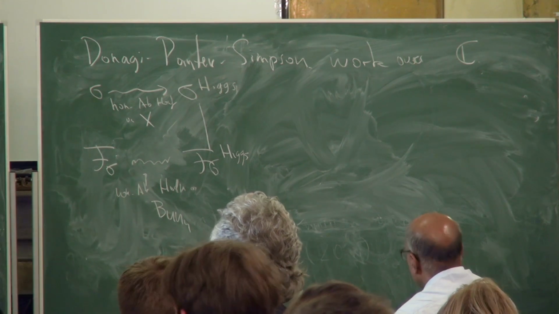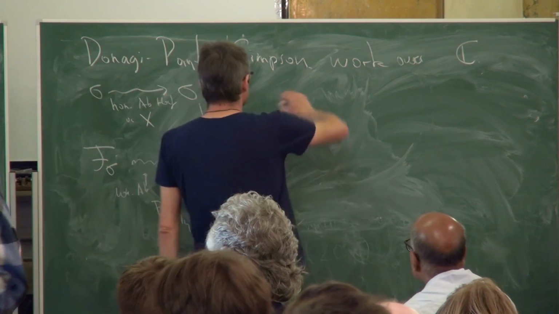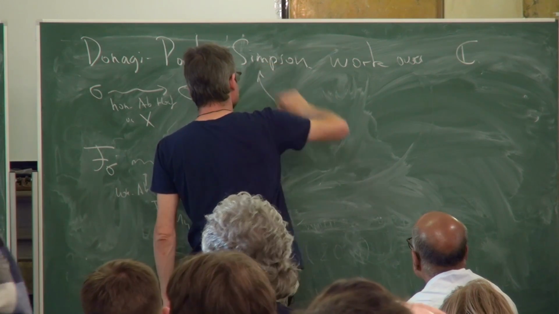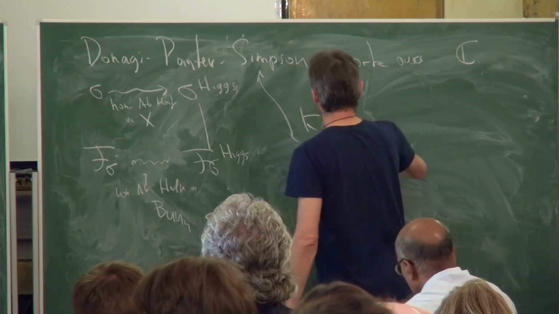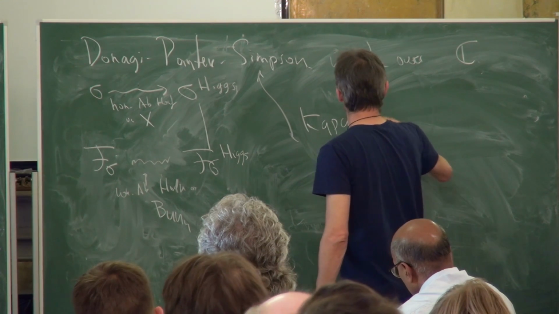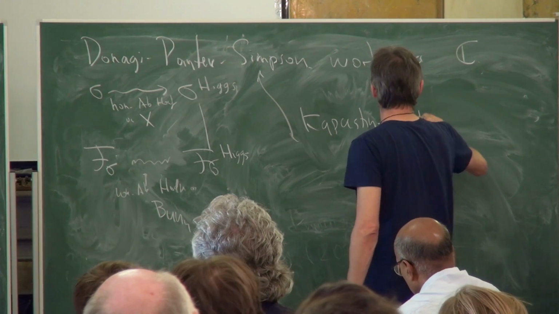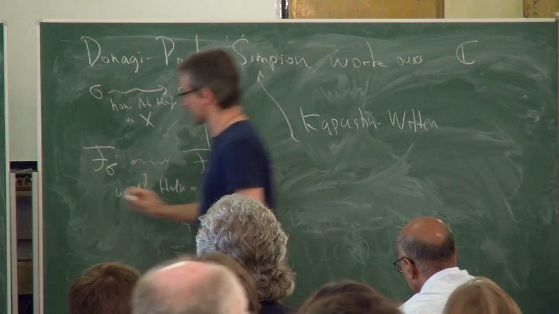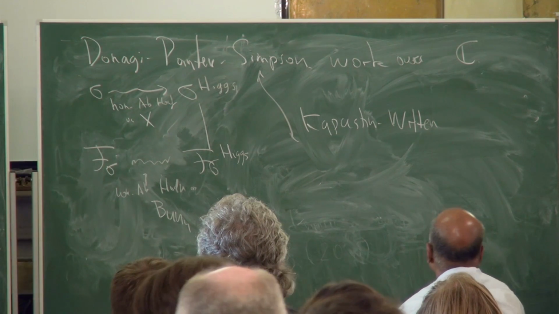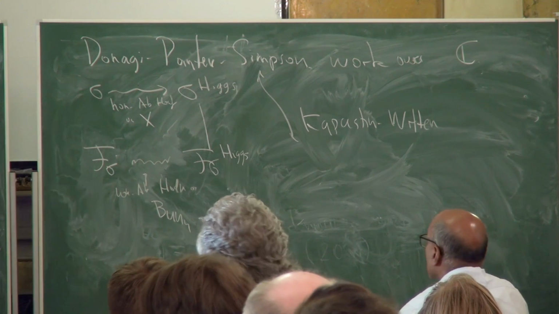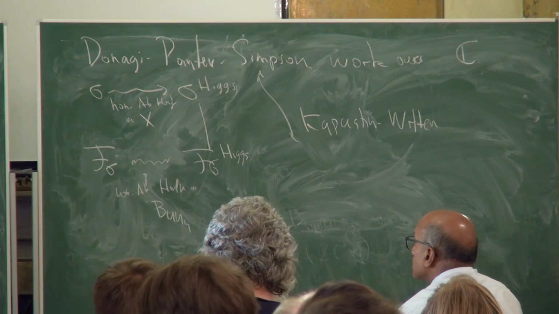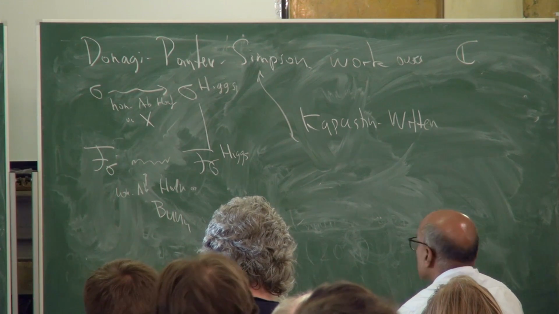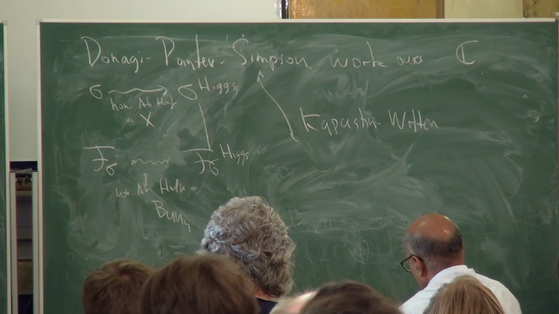There were some developments that led to this. This was Kapustin-Witten, who realized that this procedure of going from sigma to F sigma also follows from quantum field theory.